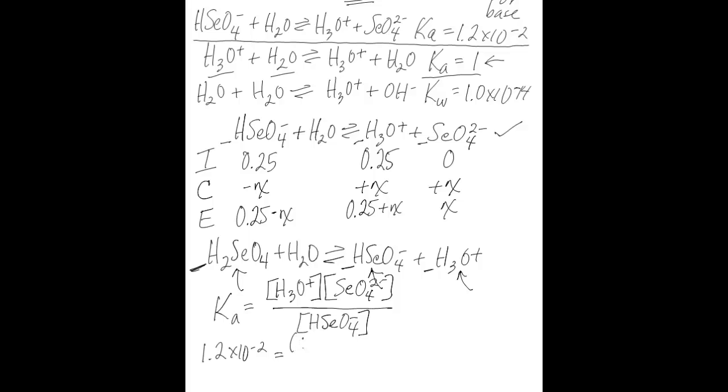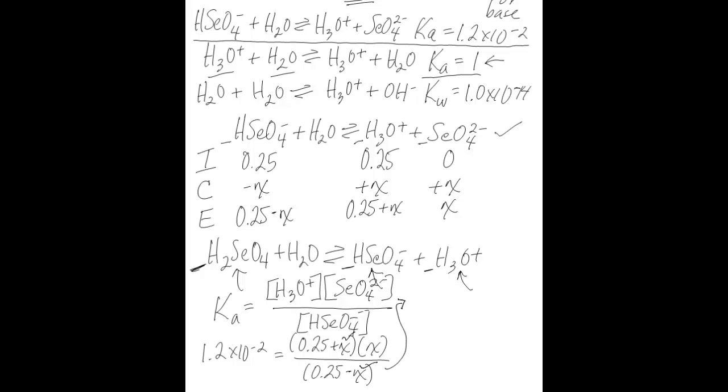And when we do that, we get 0.25 plus x multiplied by x divided by 0.25 minus x. So in this equation, it would be nice to get rid of both this x and this x, because that would make things much easier to solve.